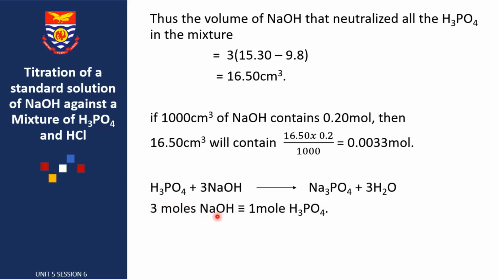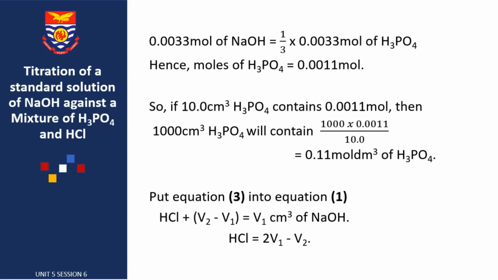So if 3 moles of sodium hydroxide require 1 mole of phosphoric acid, then 0.0033 moles of sodium hydroxide will require 1/3 times 0.0033 moles of the phosphoric acid, and that gives us 0.0011 moles. So this is the moles of the phosphoric acid contained in that 10 cubic centimeters of the mixture that was used.